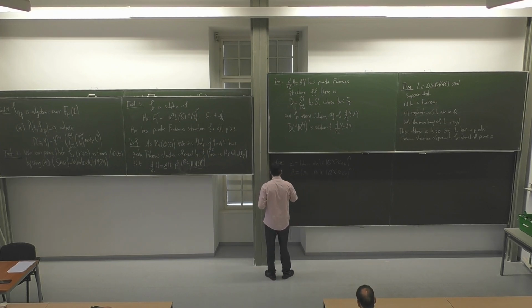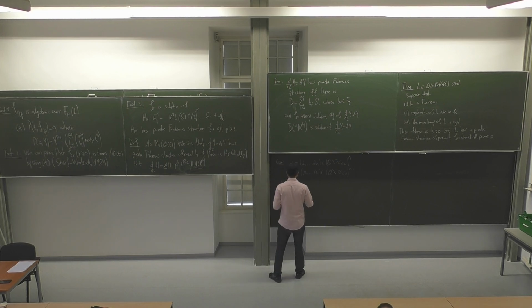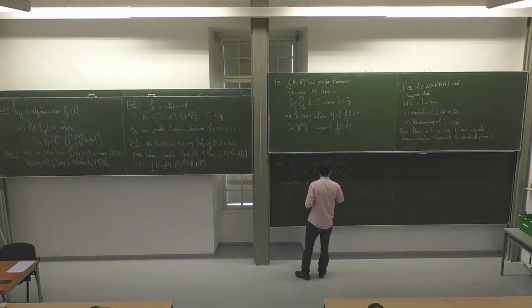Suppose that alpha_i minus beta_j is not an integer for every i and j.